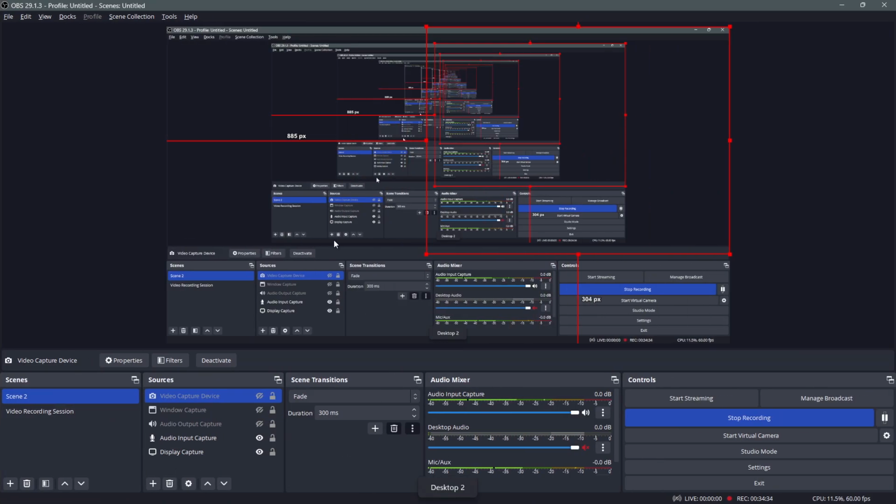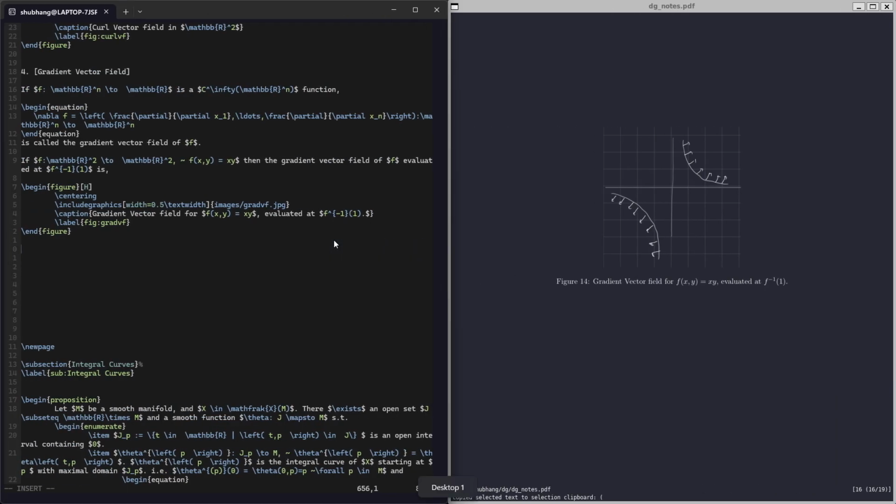Okay, so our next example is based on the fact that if M is a regular submanifold of R^n, then the tangent bundle of the manifold M will be a regular submanifold of R^n cross R^n.